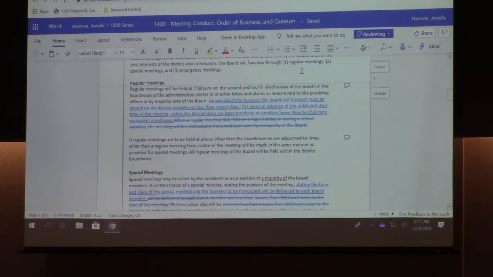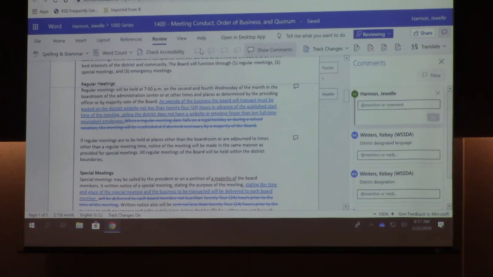We've had issues over the years of that. So I was thinking about training, and should we have that as part of the policy, that the board will go through some sort of training on that at some point. So that's open for discussion with you all.